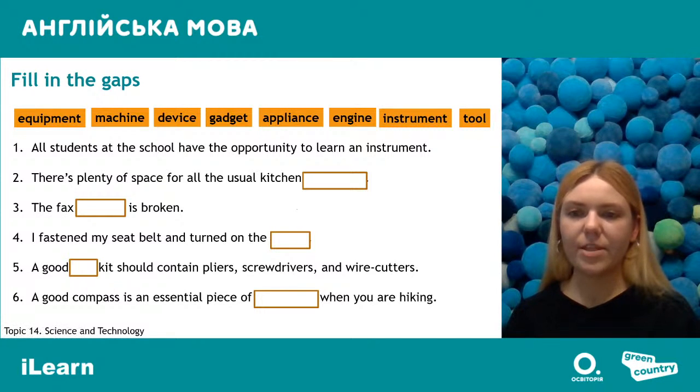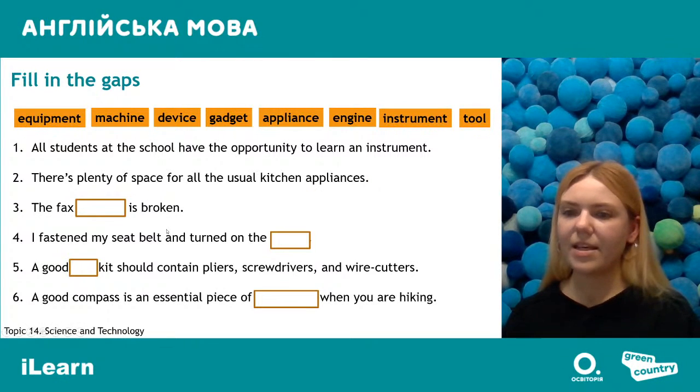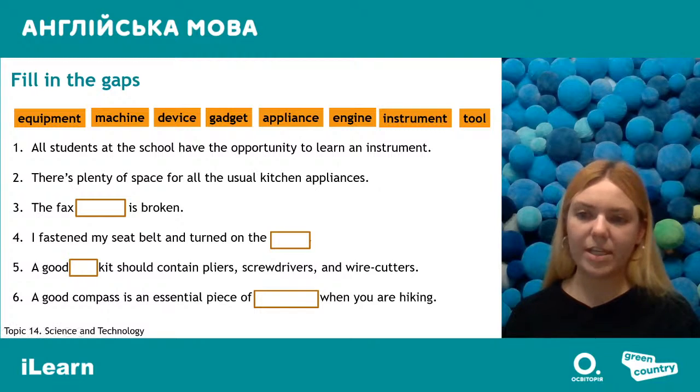Then number 2: there is plenty of space for all the usual kitchen... So we have the word kitchen, and we say kitchen appliances. Yeah, so some things which we use at home in our kitchen. Good. Then, the fax is broken.